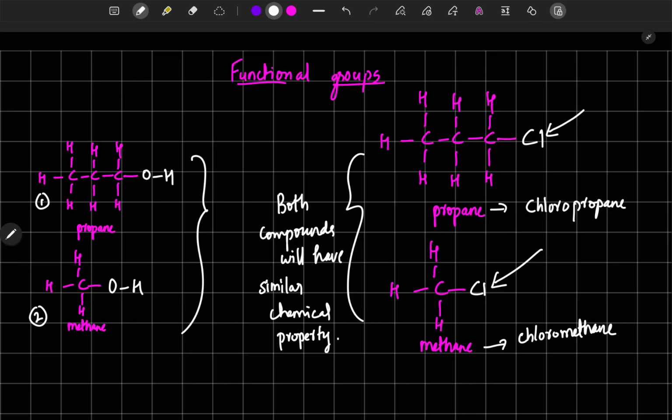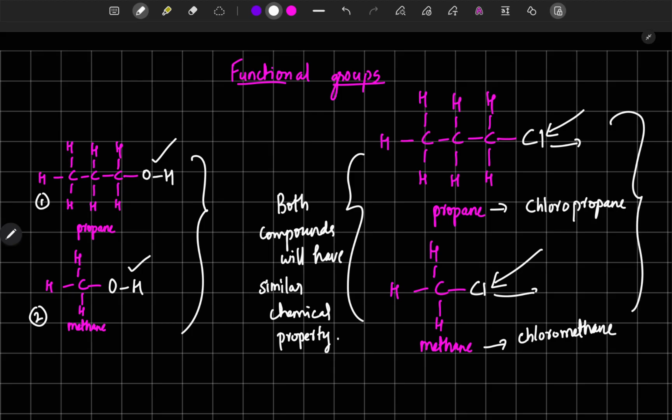Because they both have this OH group. Here we can also say chlorine group. So they are having the same group. These groups are imparting certain chemical properties to the compound. This OH group in these two compounds is imparting certain function to that particular compound.